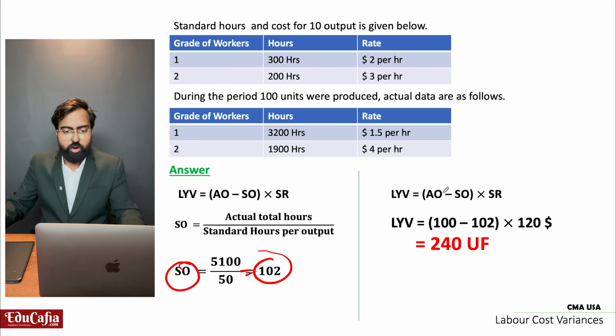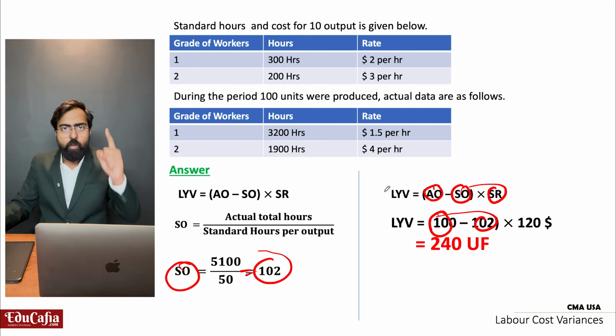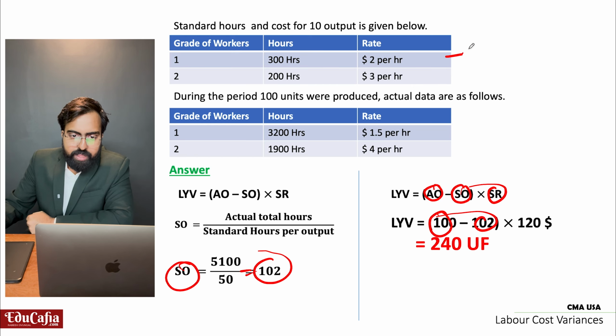So what is my actual output? 100. What is my standard output? 102. What is my standard rate? Standard rate for one output: here 13 hours is required, and here 20 hours is also required for one output.